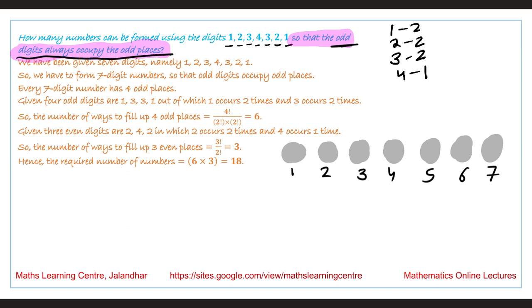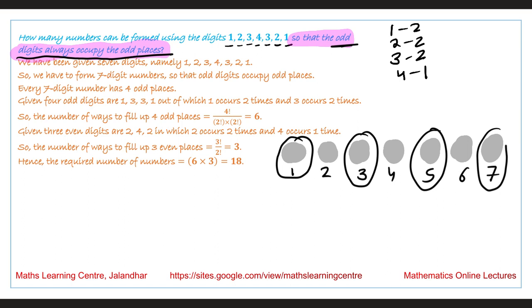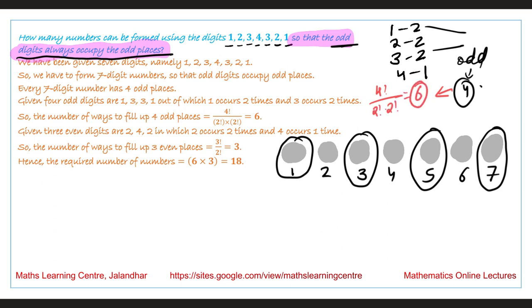This 1 is an odd place, this 3 is an odd place, 5 is an odd place and 7 is an odd place. And we have a total of 4 odd digits. These 4 odd digits can be arranged at these places in 4 factorial by 2 factorial into 2 factorial ways. The answer we obtain is equal to 6.